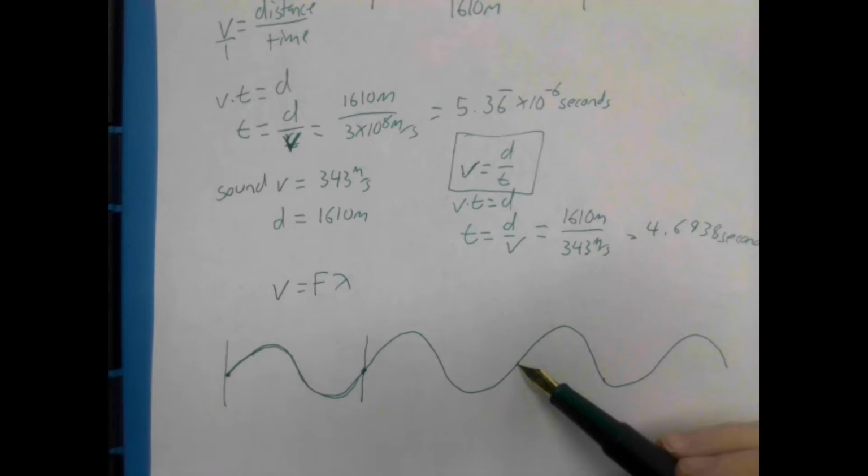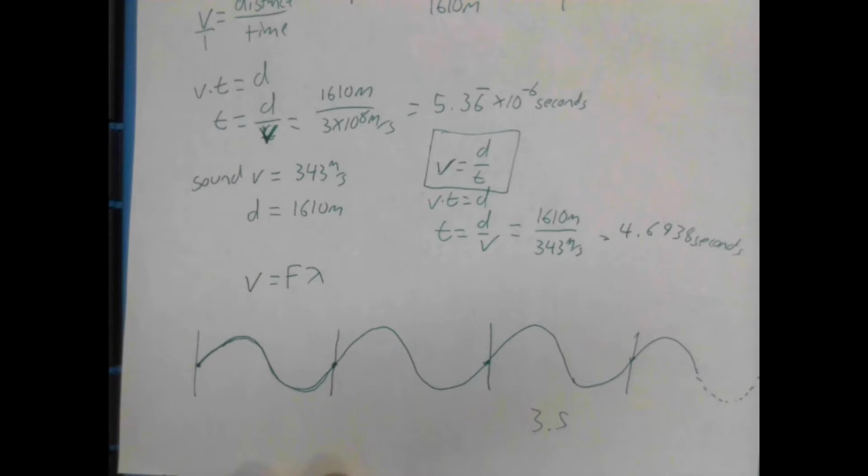If I were to continue this, that would be 4, but it's halfway in between, so this is 3.5. Does everyone see that? So how many is in this one? Oh, just a half. This would be a half wave. Basically, when I say how many waves, it's basically meaning how many wavelengths. It's an equivalent statement.